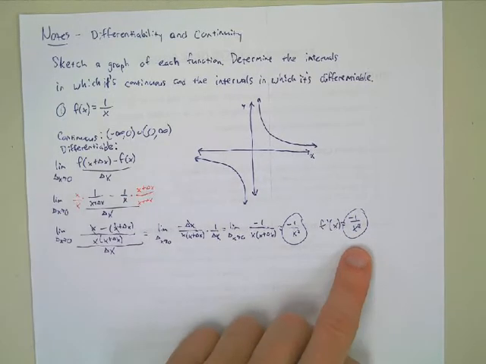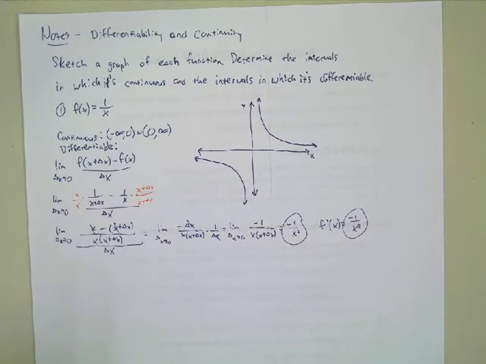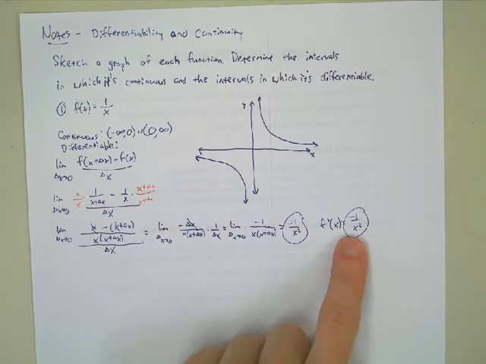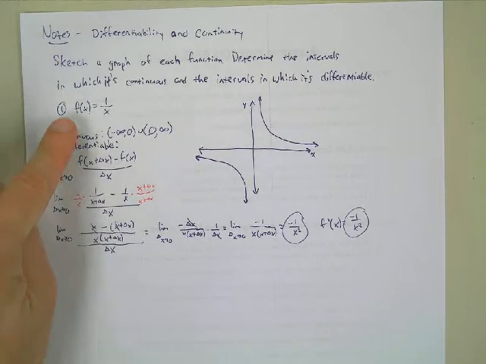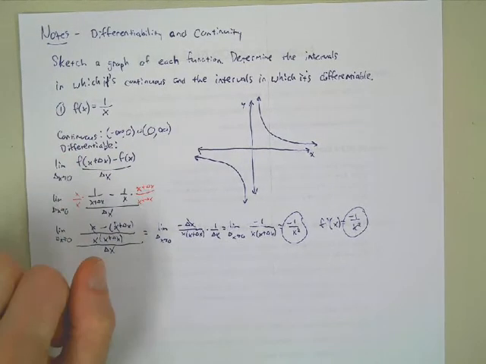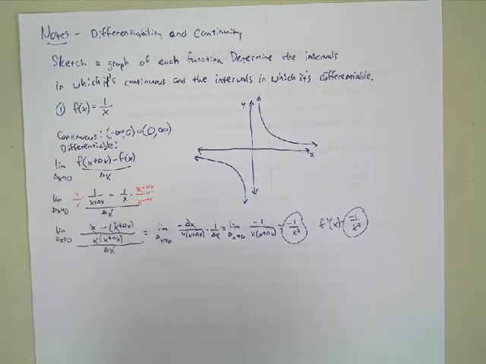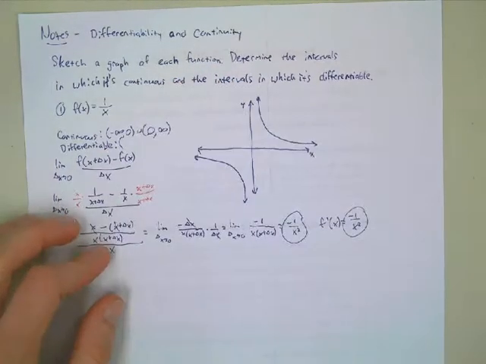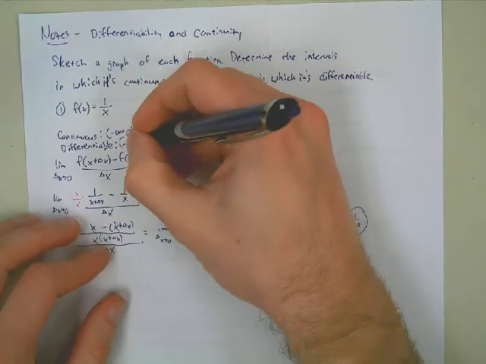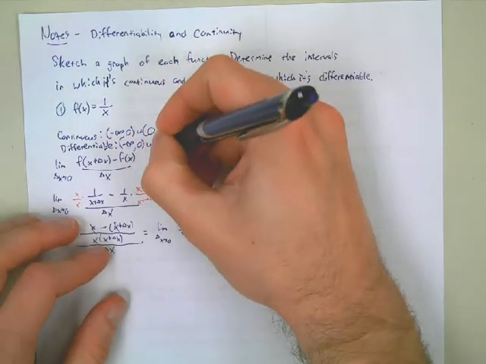Do you see any problem x values for this derivative? 0. Right. If we plug 0 into our derivative, we're going to get undefined, which means that f is not able to be differentiated at 0. So what would be the intervals of differentiability for f? Same as the ones for continuity: negative infinity to 0, union 0 to infinity.